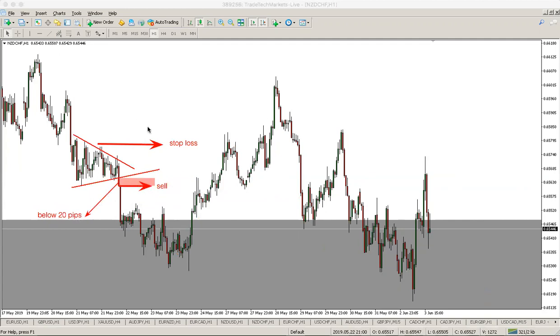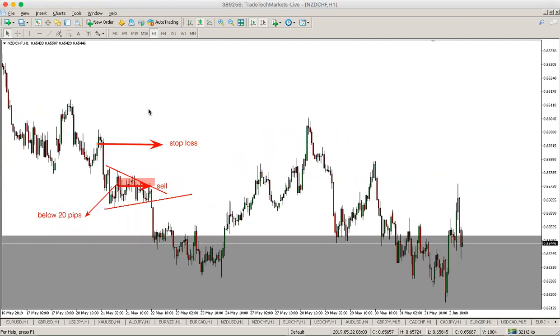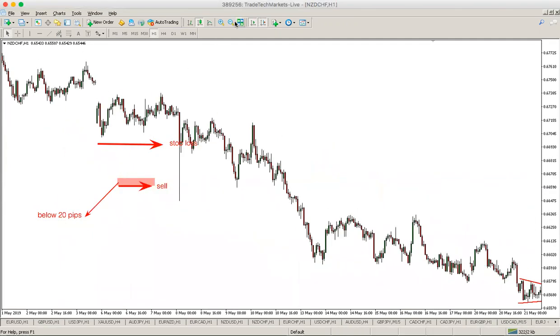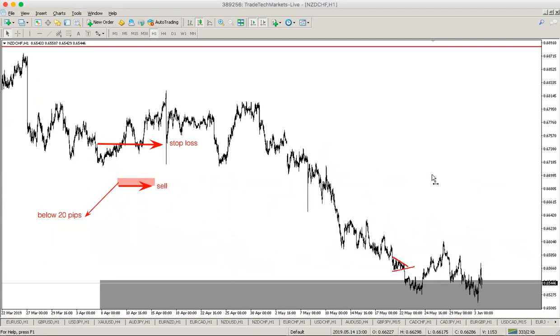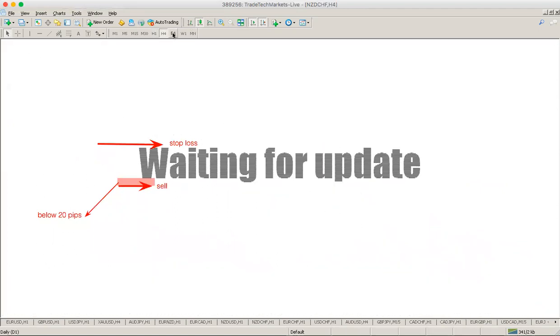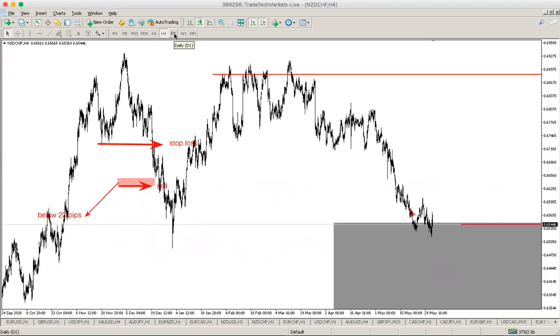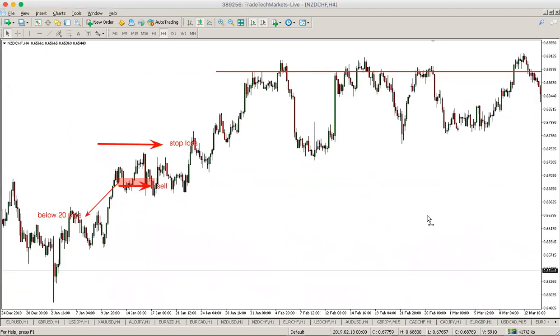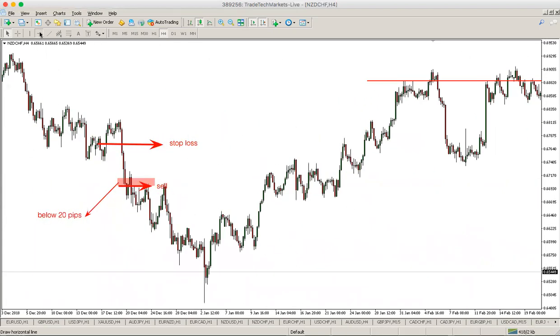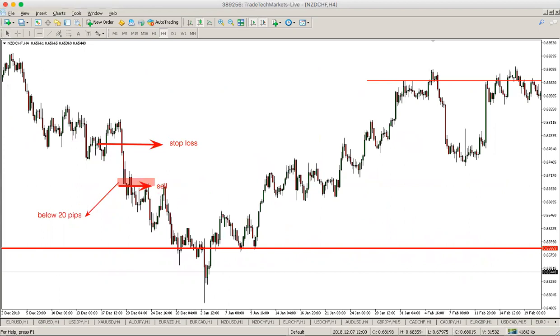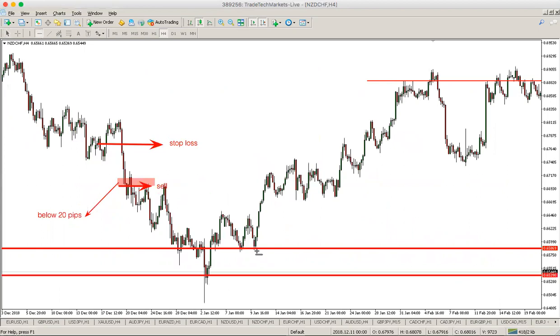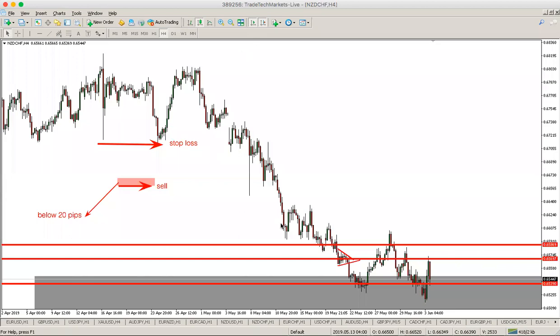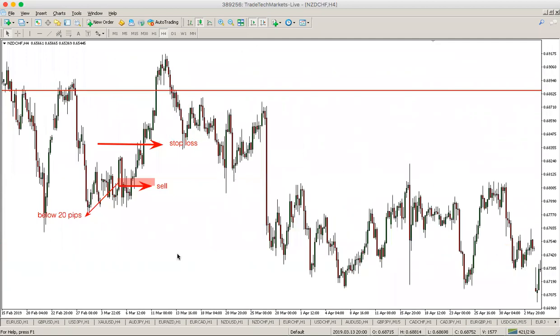Then you sell. But how do you take your profit? From there, you're going to find the points. Let's wait. Here, you look at these points. These are your levels of take profit. That would have been your first TP, because there's nothing in between.